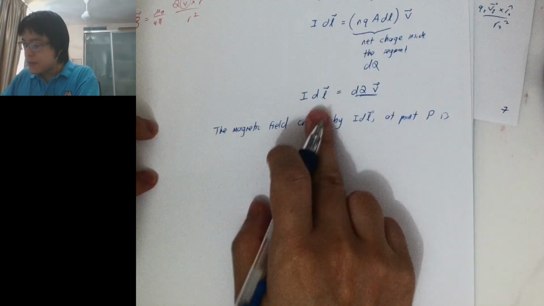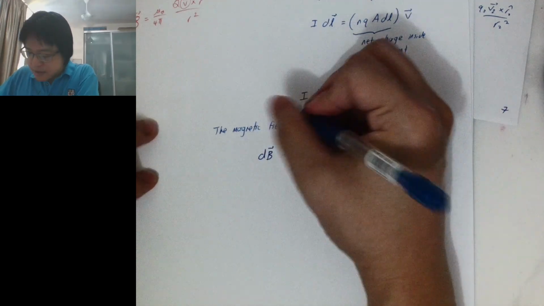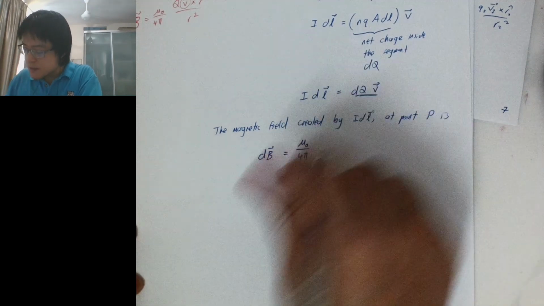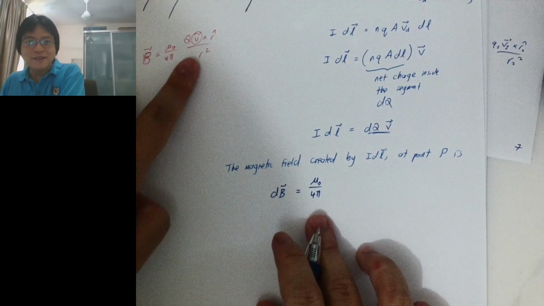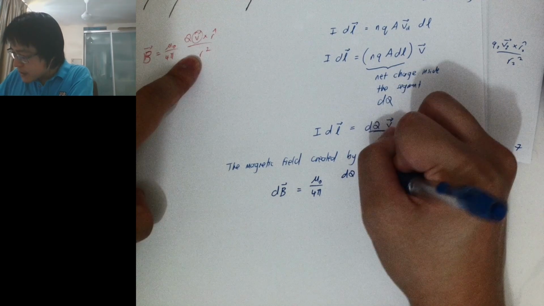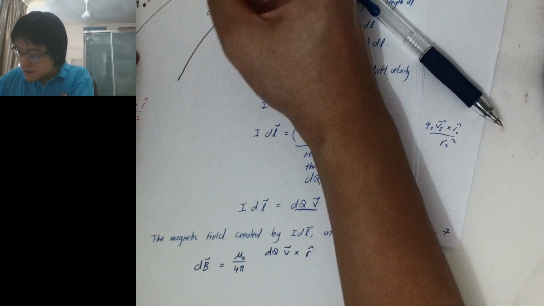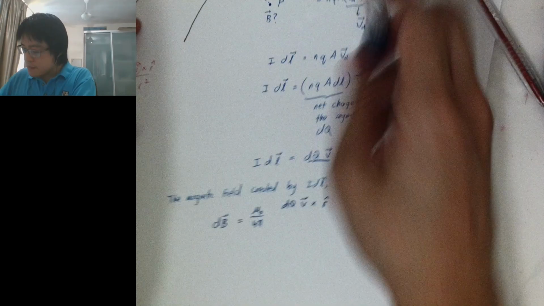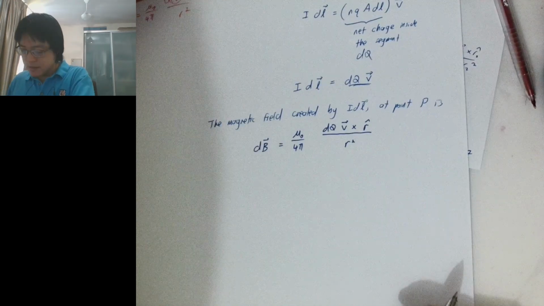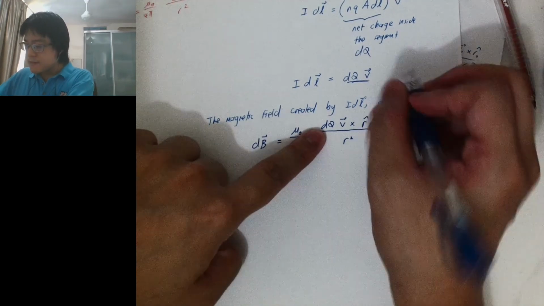Well, we are looking at an infinitesimal piece, right? So the infinitesimal piece's field is given by the Biot-Savart law. Well, we haven't called it the Biot-Savart law yet. Using this equation, this is the charge, V, and then the R hat, where R hat was this R hat, divided by R squared.